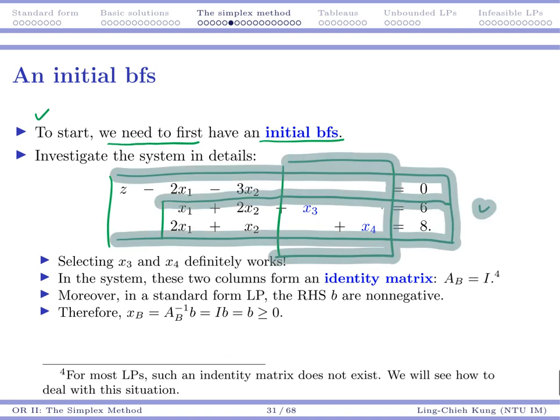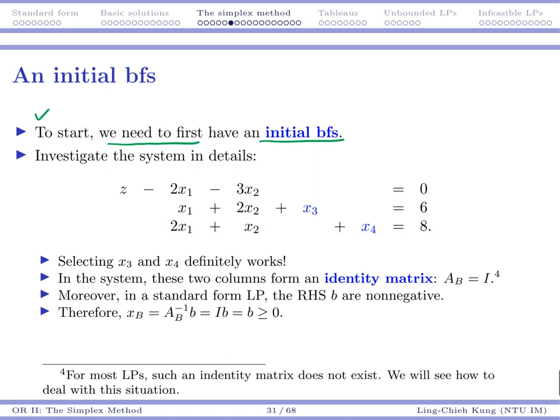If we say x3 and x4 are the set of basic variables, then all we need to do is to say, hey, x3 is 6, x4 is 8, and then we're done. This is indeed feasible. So this is a situation that selecting x3 and x4 definitely works. Because what? Because for the two columns, they form an identity matrix.